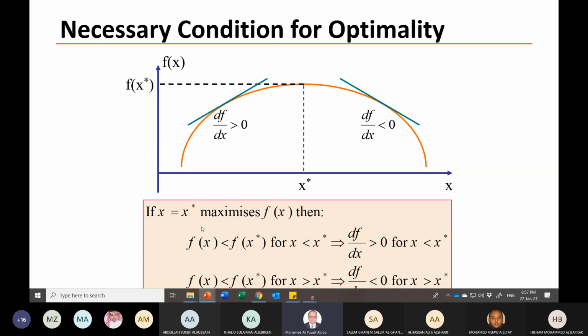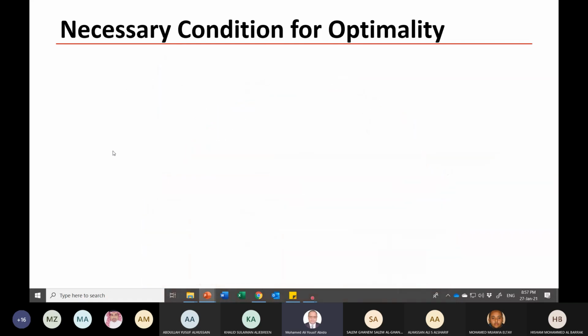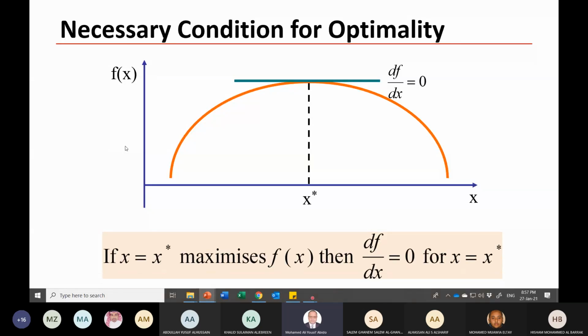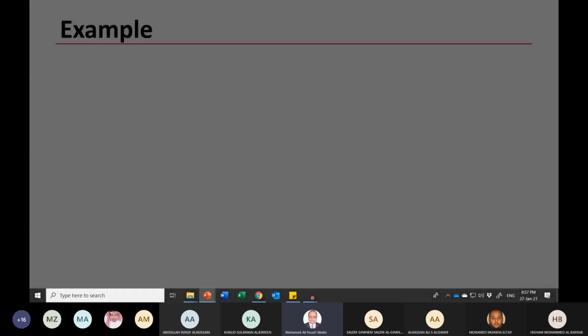Before and after x maximum, the derivative is different, positive and negative, but at the optimal solution, the derivative is equal to 0. So this is the necessary condition for optimality.